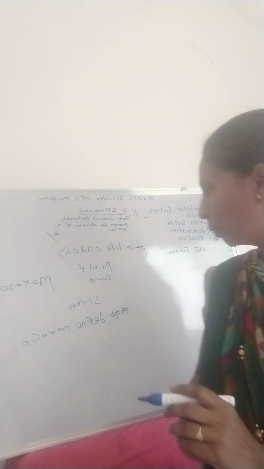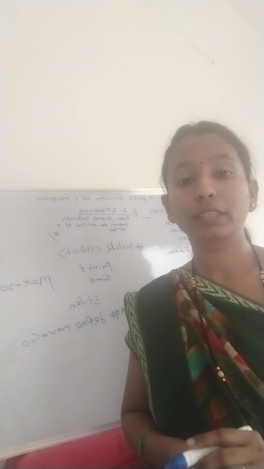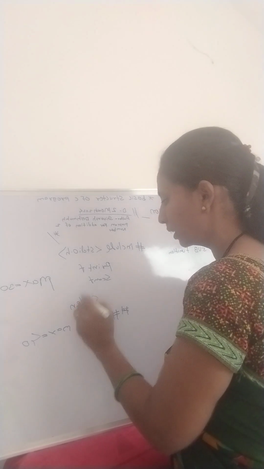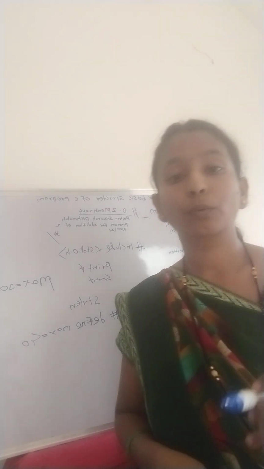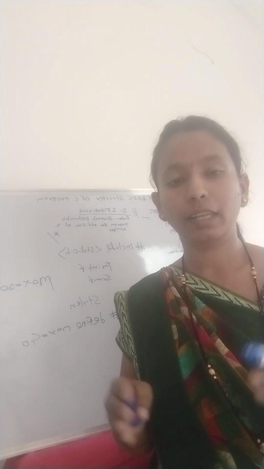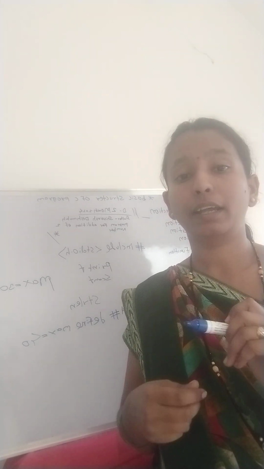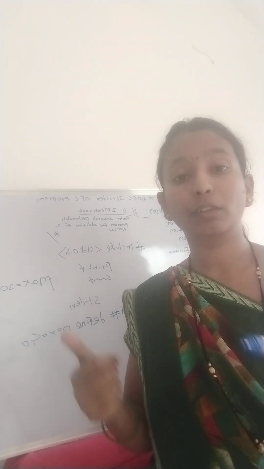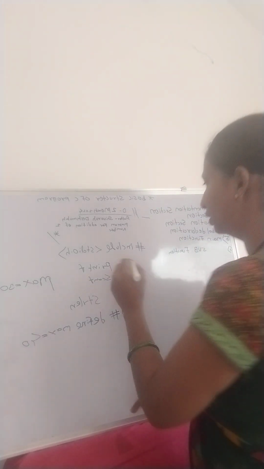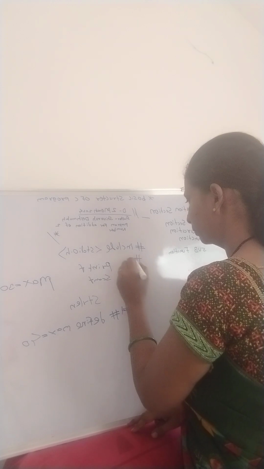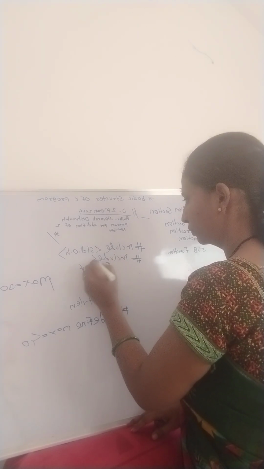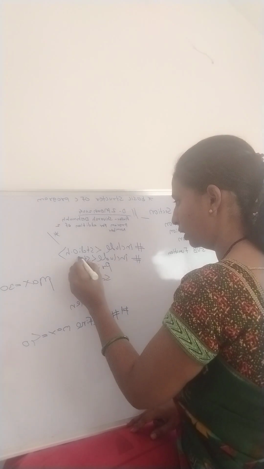Okay, now if my program uses a string function, the function strlen, string length, which we use for finding the length of a string, then I have to first include the header file string.h, that is #include <string.h>.